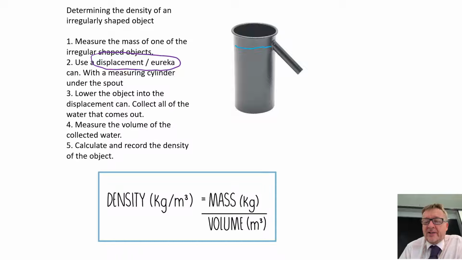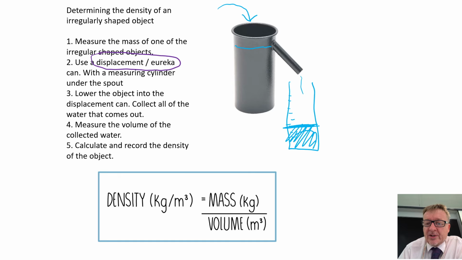You just pour it in until water starts coming out of the spout. Then you lower your object very carefully into the Eureka can, and you have a measuring cylinder underneath. Any water that gets displaced, which is why it's called a displacement can, comes out and fills this here. That is the water that has been displaced.